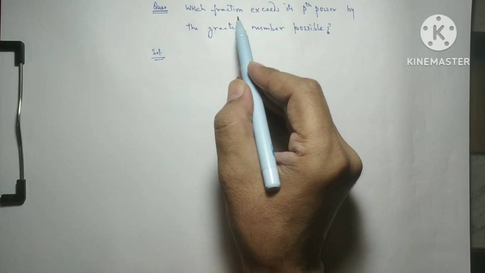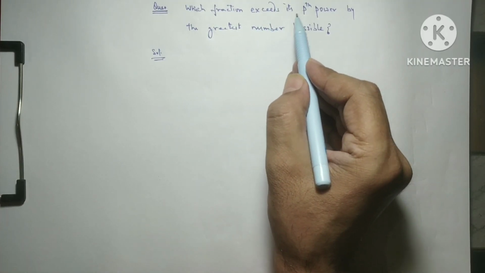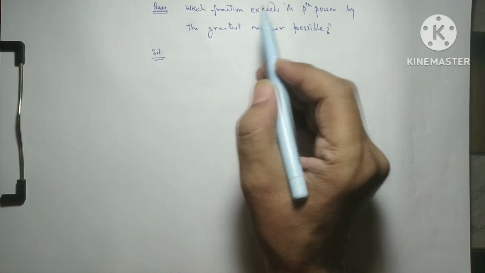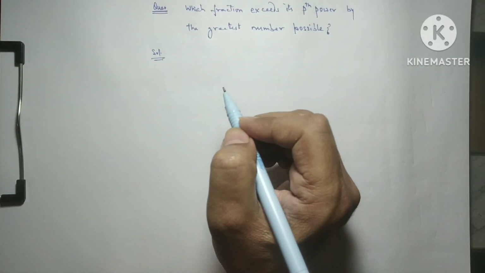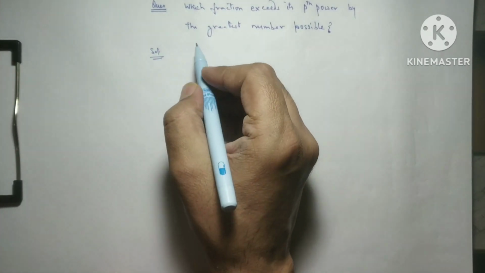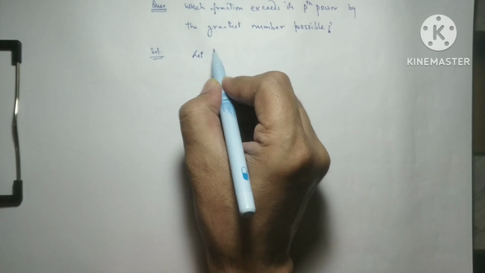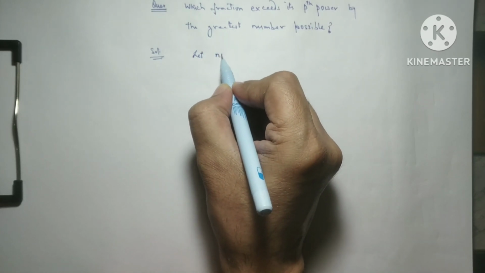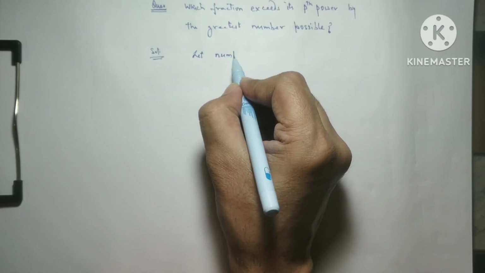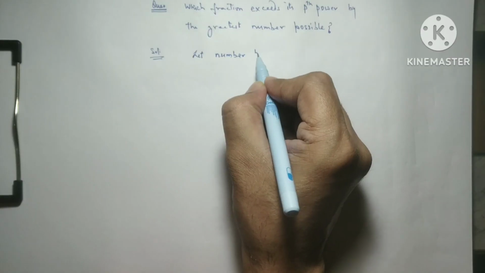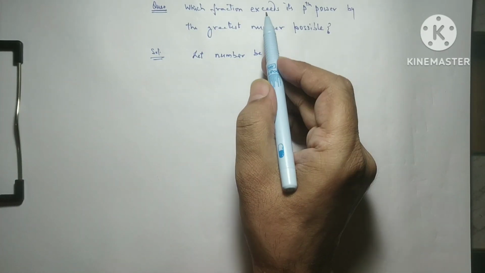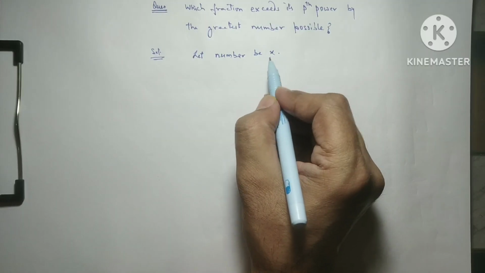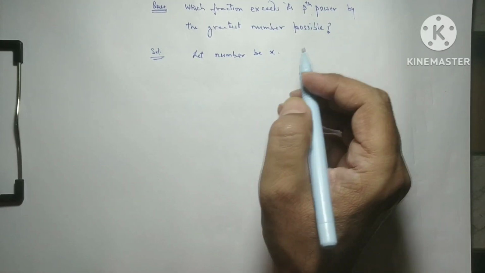Which fraction exceeds its pth power by the greatest number possible? So first we will consider a number. Let the required number be x. We want the difference of a number with its pth power.